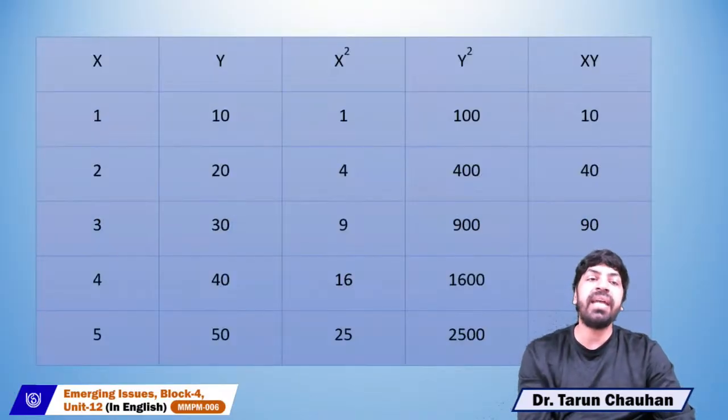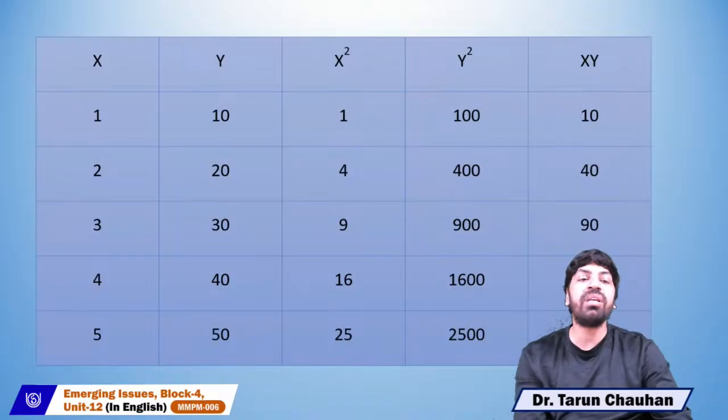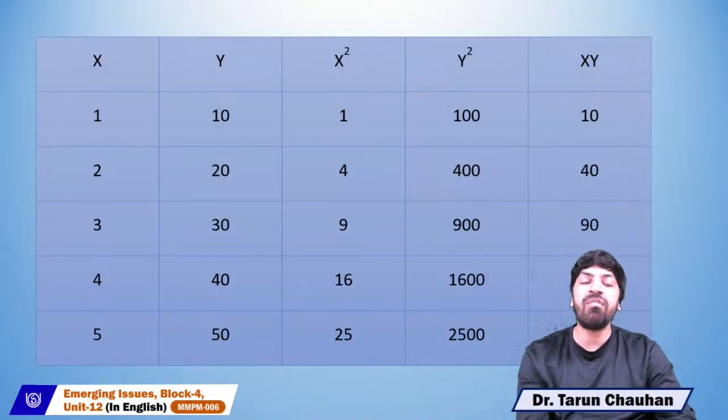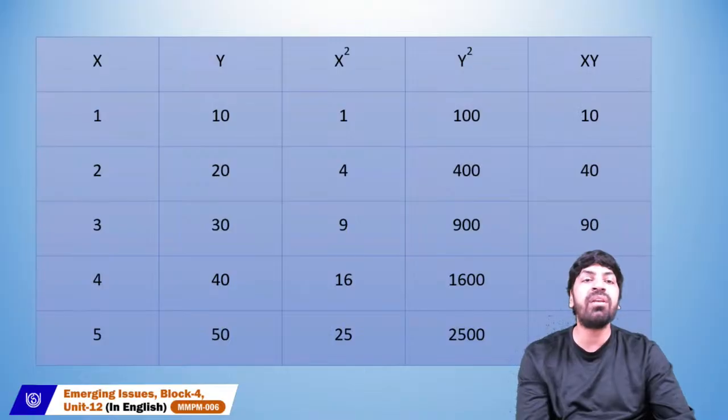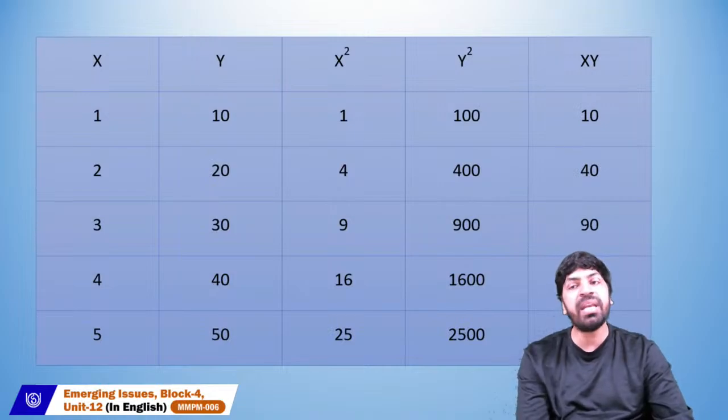Now, x is given as 1, 2, 3, 4, 5, and y is 10, 20, 30, 40, and 50. So we have to calculate the value of r. That means we need to calculate x squared, y squared, and xy.